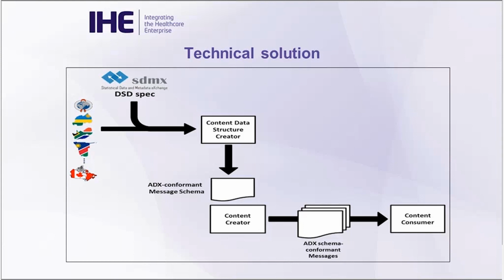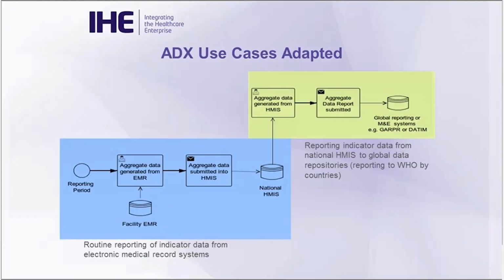So next, how can ADX be used? This slide highlights two common use cases that are used in most countries for aggregate data reporting. One, the one that is shaded in blue, is the monthly reporting of aggregate data from health facility EMRs to the national HMIS.